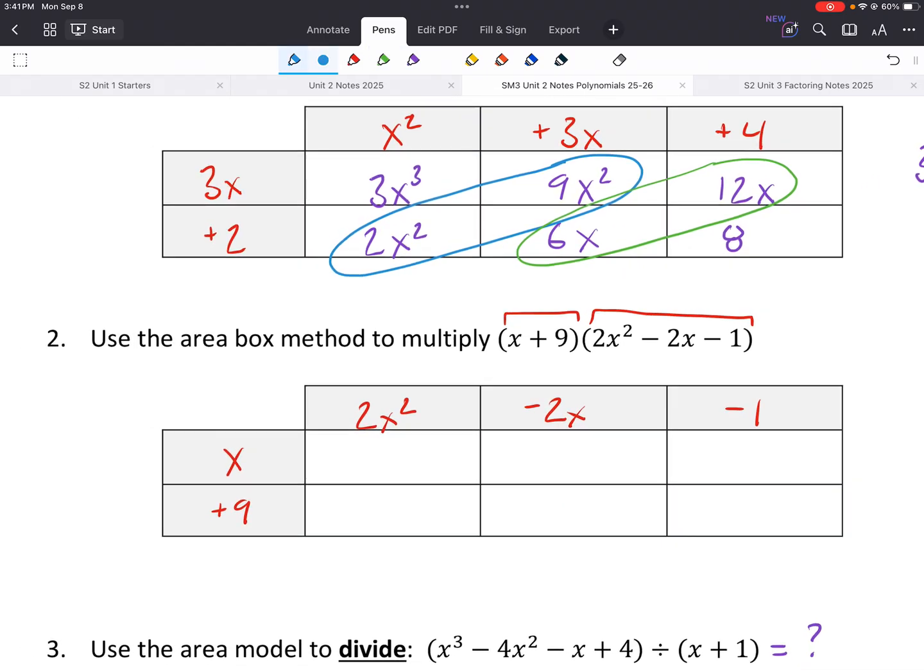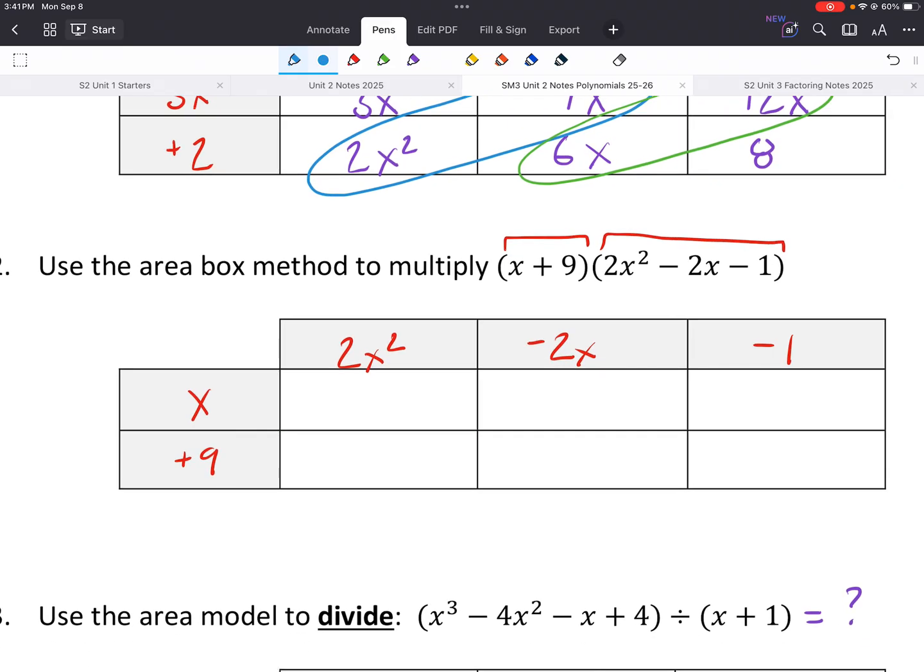So if we do this, we would multiply and we'd get 2x squared times x would give us 2x cubed. And then we can just keep multiplying: negative 2x squared, negative 1x, 18x squared, negative 18x, and then negative 9.